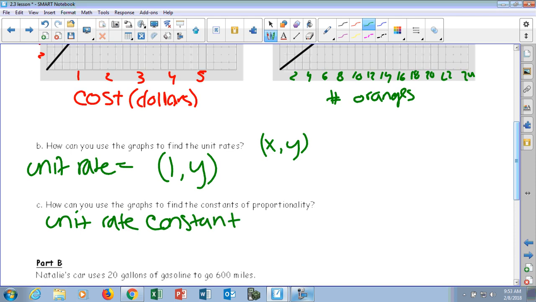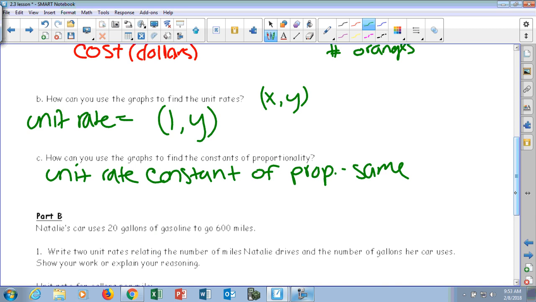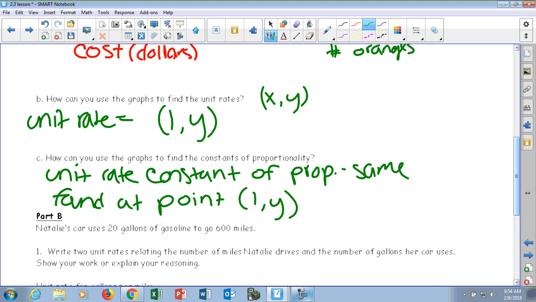The unit rate and constant of proportionality were the same. So since they were the same, our unit rate in our graph will also be the same. It would be found at point 1, y, which is what we stated up here was our unit rate. It's going to be constant still.